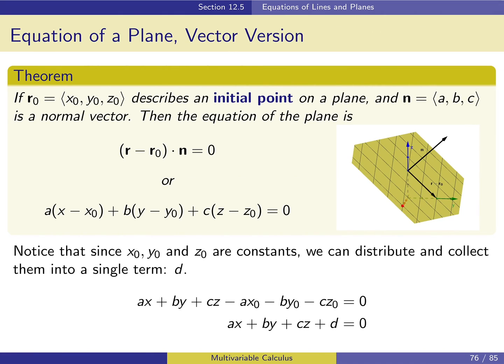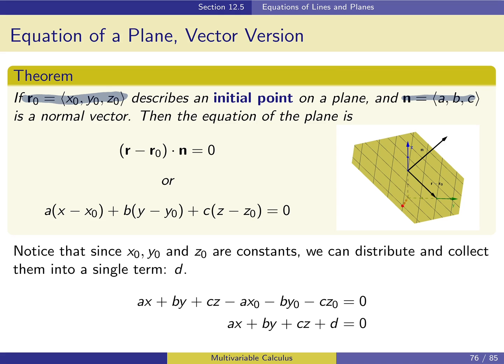So let's generalize what we just did to get the vector equation of a plane. If r0 is some point on the plane, or some position vector on the plane, and we have a normal vector n whose coordinates are a, b, and c, then the way we can describe the set of points that lies on this plane is by taking the difference of their coordinates, which is the vector between them.